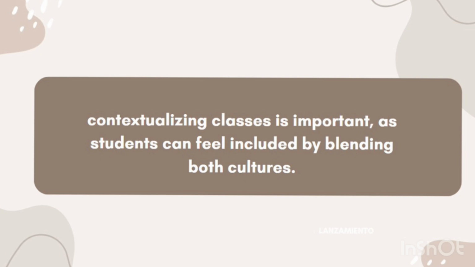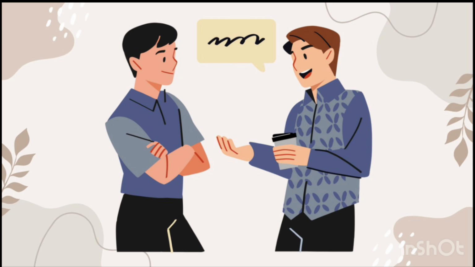Well, as I mentioned before, contextualizing classes is important, as students can feel included by blending both cultures. Furthermore, this strategy can boost understanding of the context, as it is a topic of interest to students. An example of this could be the cultural exchange of American slang and some colloquial terms used in Colombia.